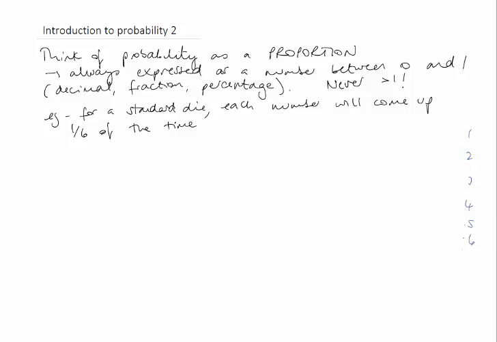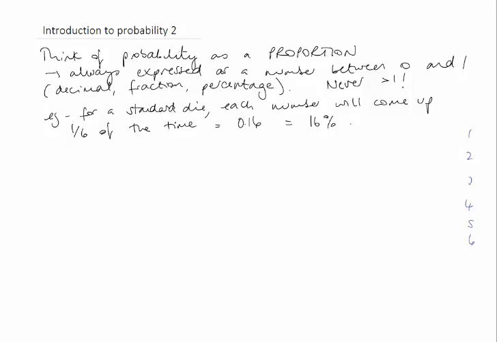These are all equally likely to roll, and so for any one of those numbers, every roll, it's a 1 in 6 probability of getting that. So 1 in 6, that's the same as 0.16 or 16% probability. Those are all the same.